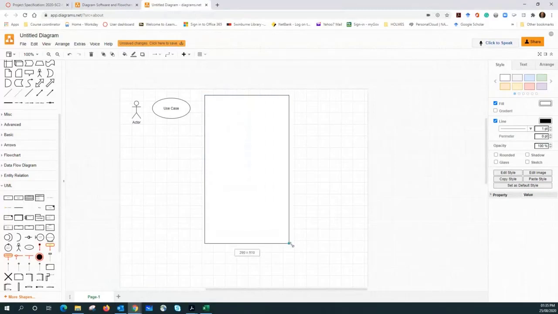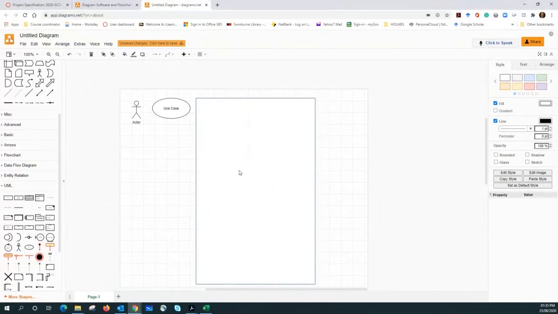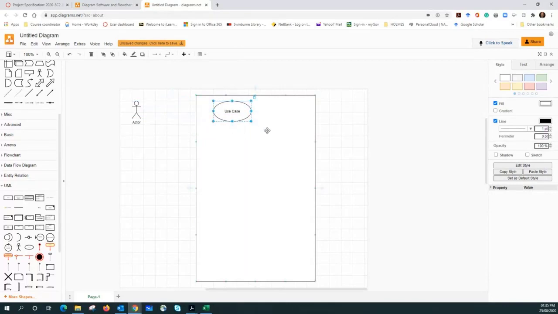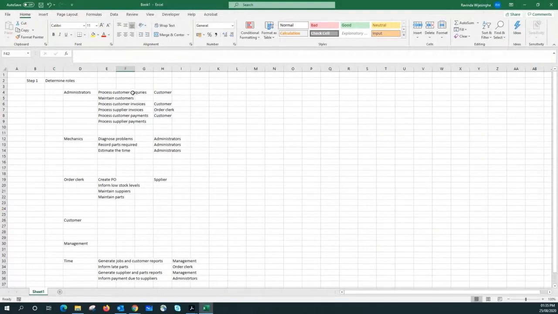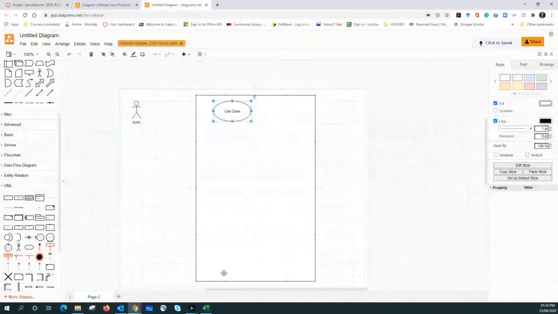Let me design my first one. So this is my subsystem. I need to have a lot of use cases. So how many use cases do I have? 1, 2, 3, 4, 5, 6, 7, 8, 9, 10, 11, 12, 13, 14, 15, 16, 17. Okay, so there are 17 use cases. That's plenty.